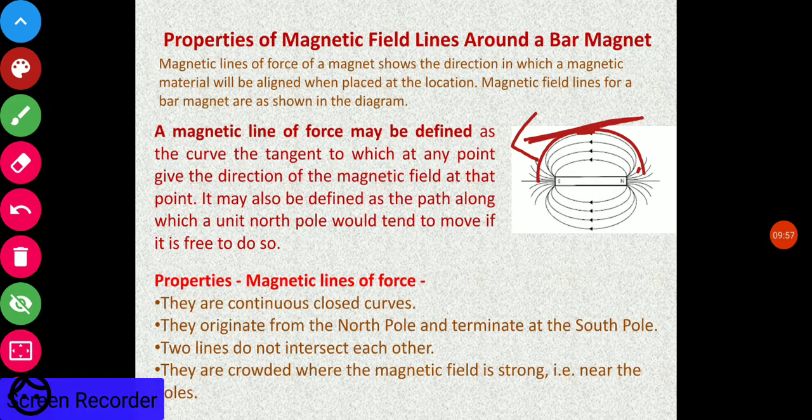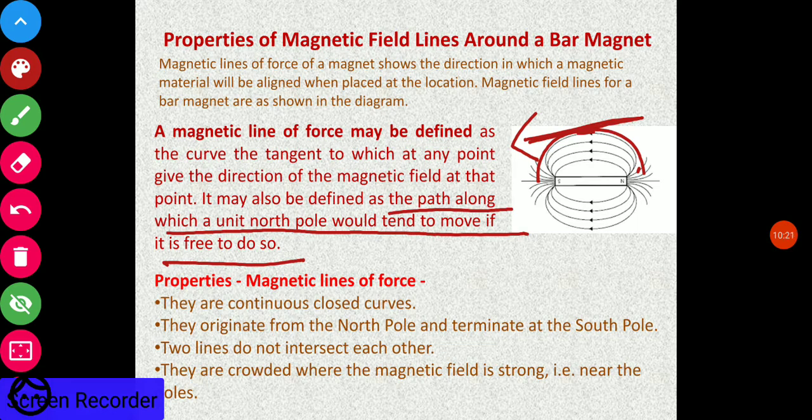Or in other words, we can also say that magnetic field lines are the path along which a unit north pole would tend to move if it is free to do so. I think in case of electric lines of force, we have given the same definition. The difference is only of the charge and the poles.